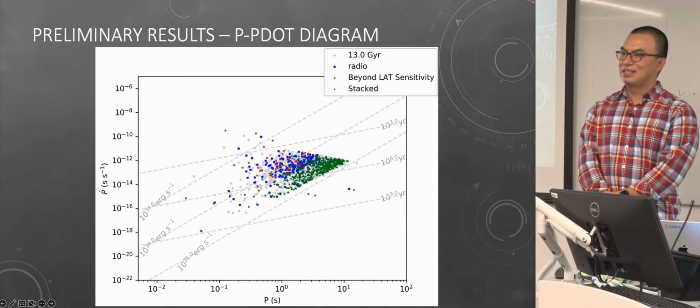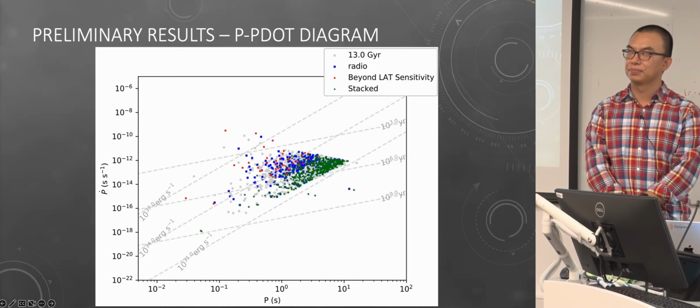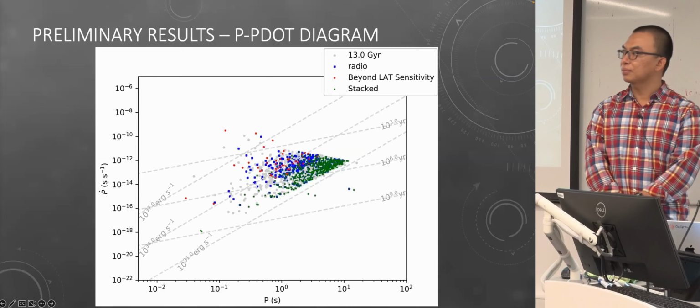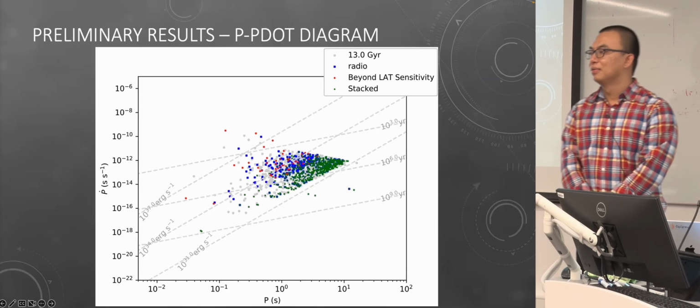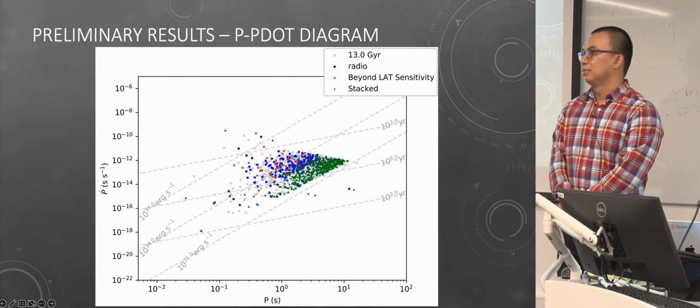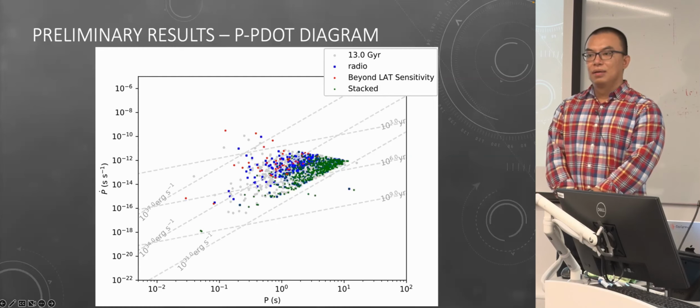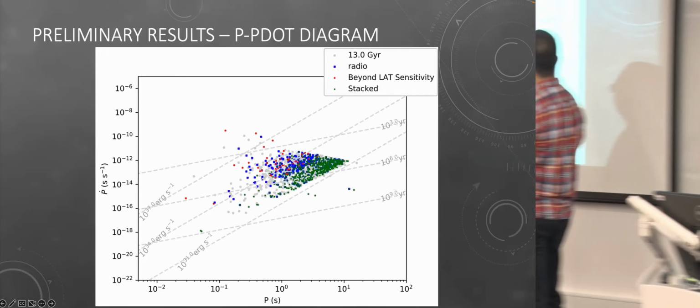I guess I wouldn't say they die at the same time. Well, it has to do with the acceleration process that breaks down with that. Okay. And it's that acceleration process that produces both the radio and the gamma. Yeah.